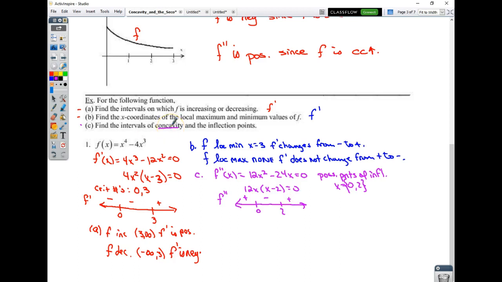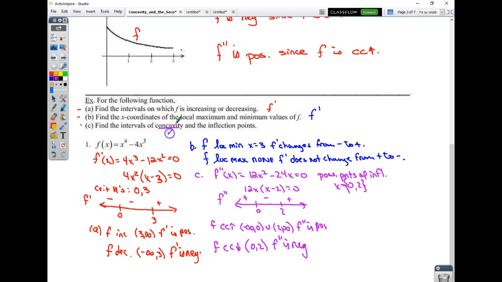There's concave up: f is concave up from negative infinity to 0 and 2 to infinity, because f double prime is positive. And f is concave down from 0 to 2, since f double prime is negative.